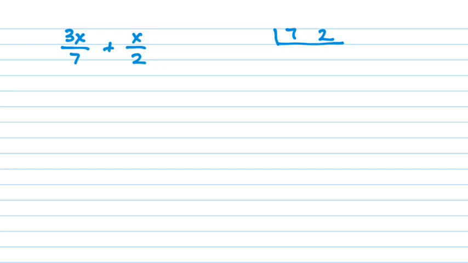Is there anything common to 7 and 2? No. So all I'm going to do to get my LCD is simply multiply them together. So my LCD then is 14. But if I change my denominator, what else must I change? The numerator. So look at what I'm going to do.